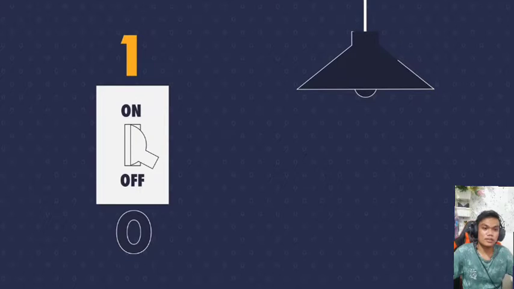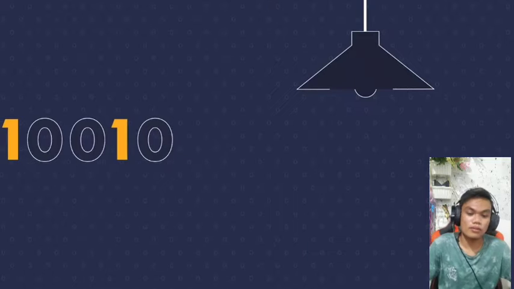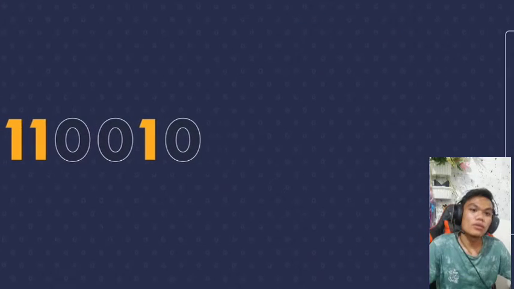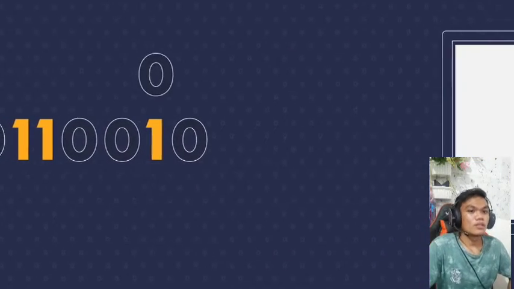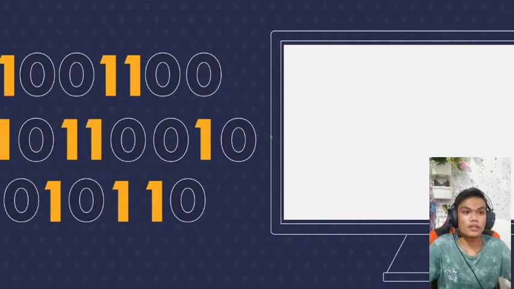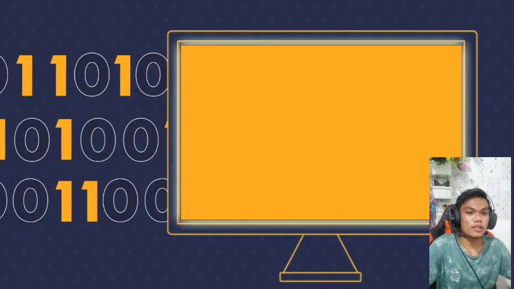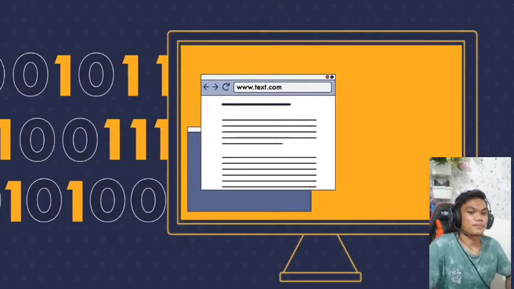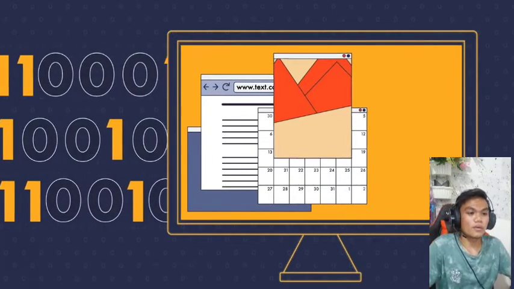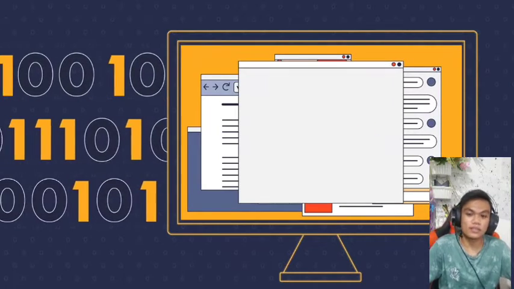These bits are strung together in different combinations of 1s and 0s, and they form a kind of code. Your computer rapidly processes this code and translates it into data, telling it what to do. You might be wondering, why do computers use binary instead of the decimal system?